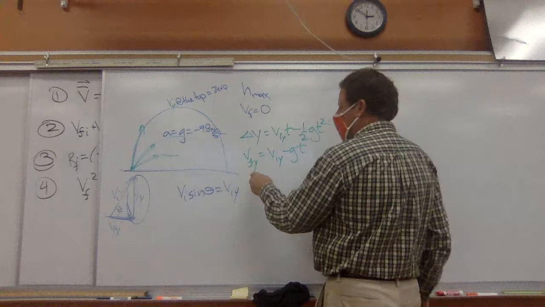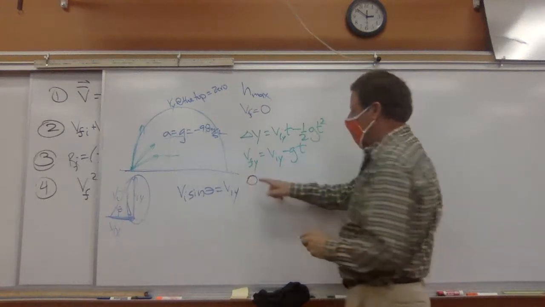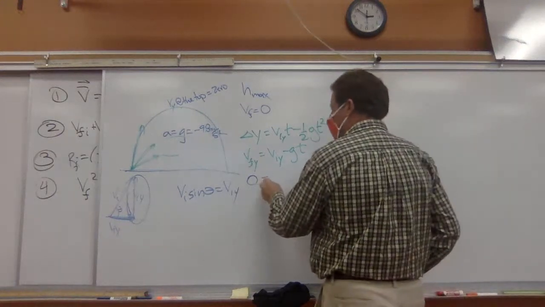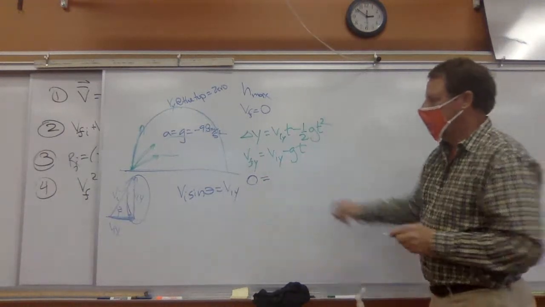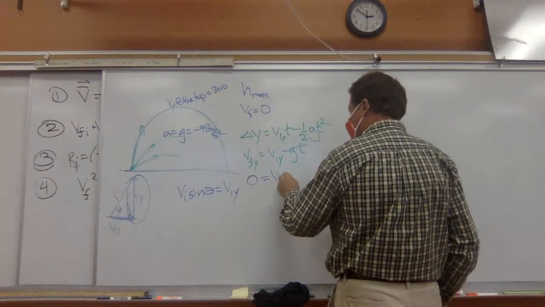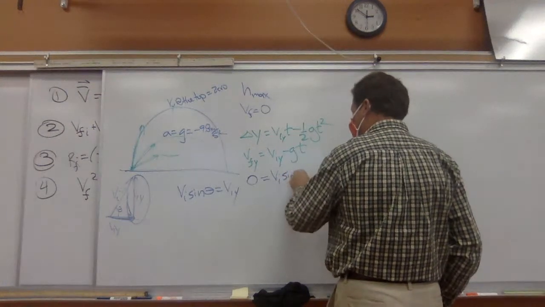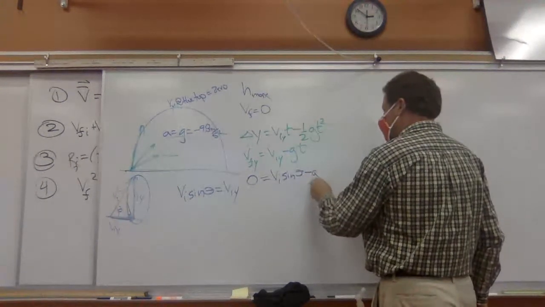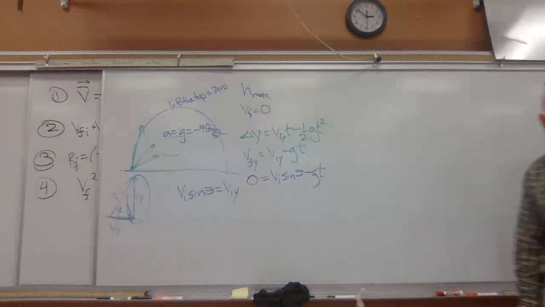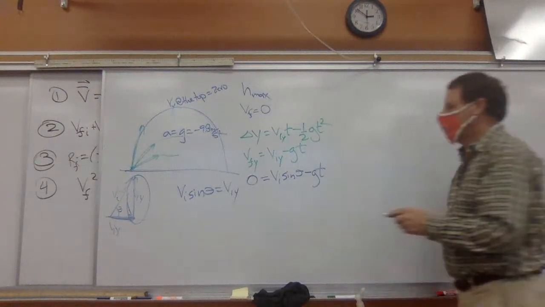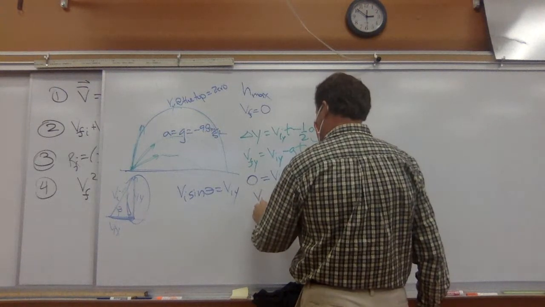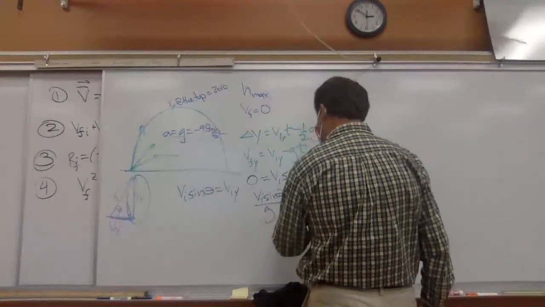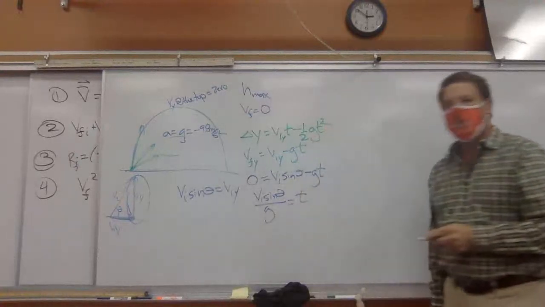And so now we know that v final y is going to be 0, and we now know that this is going to equal v initial sine theta minus g t, and therefore v initial sine theta divided by g is equal to t.